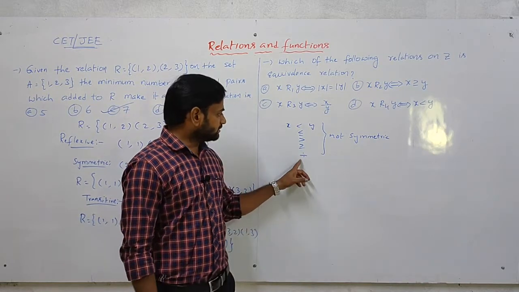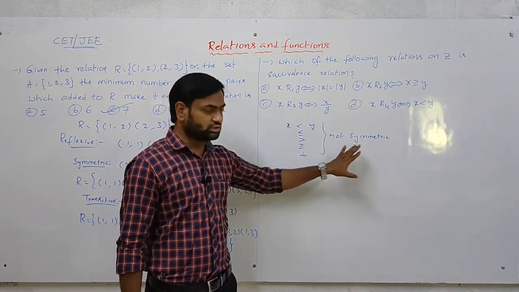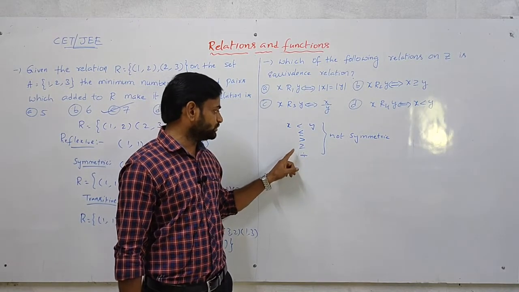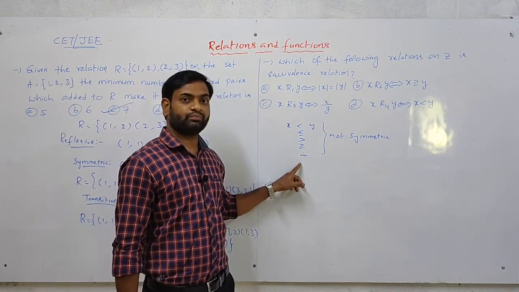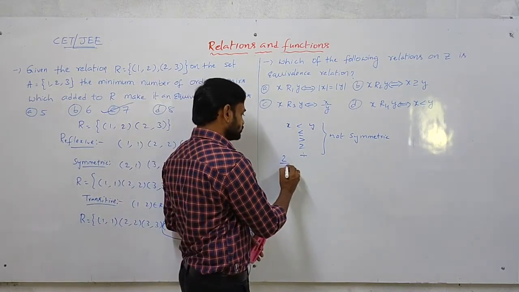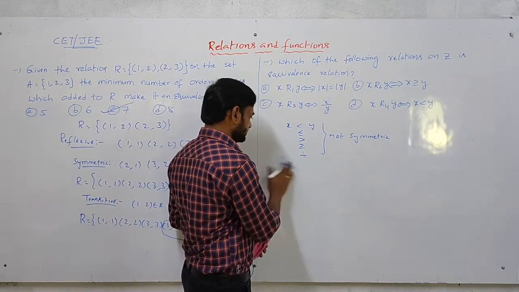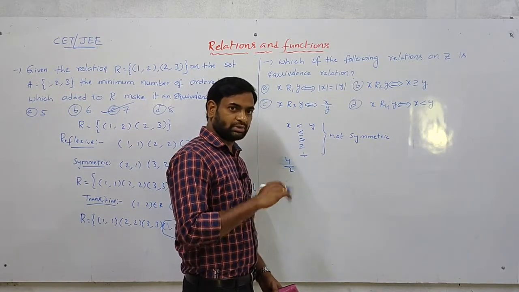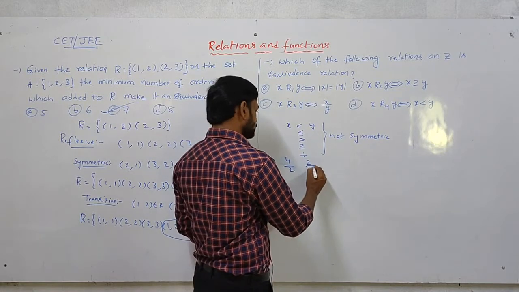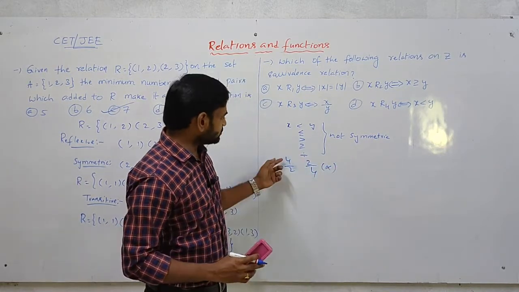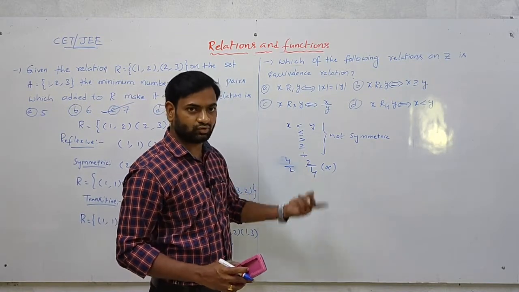But here I am talking about symmetric. When you have less than or equal to, greater than or equal to, or division, it is not symmetric. For division, suppose I take 4 by 2. 4 is divisible by 2. I am taking the reverse: is 2 divisible by 4? No, it is not. 4 is divisible by 2, but 2 is not divisible by 4.